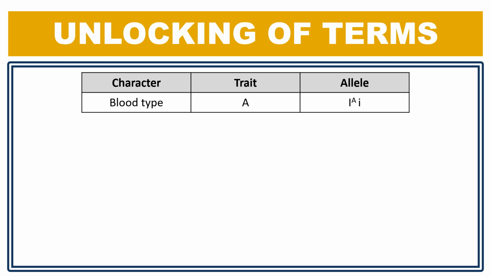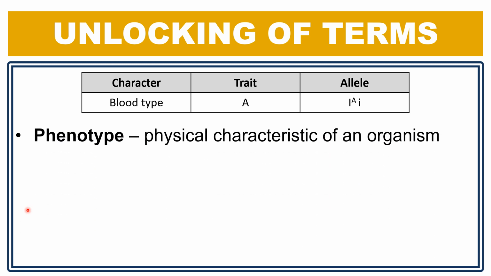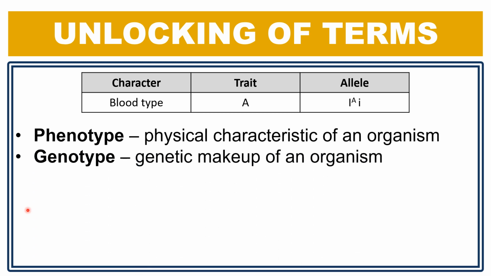For the next terms, we will be using this example. Phenotype. Phenotype is the physical characteristic of an organism, while genotype is the genetic makeup of an organism.